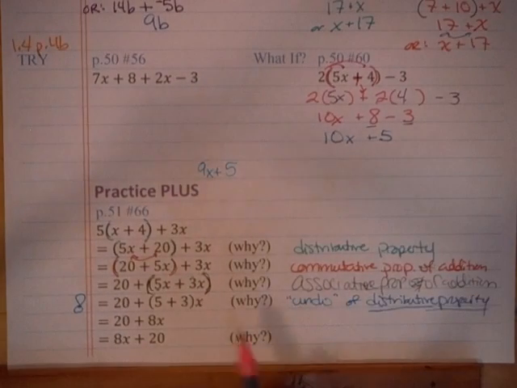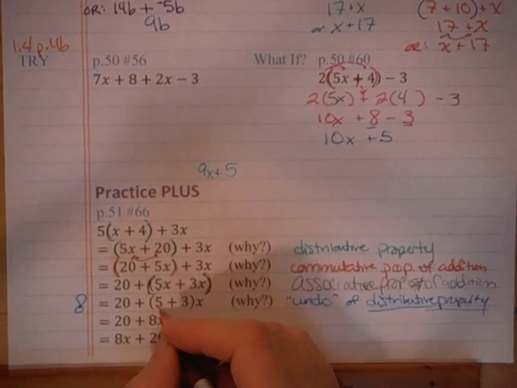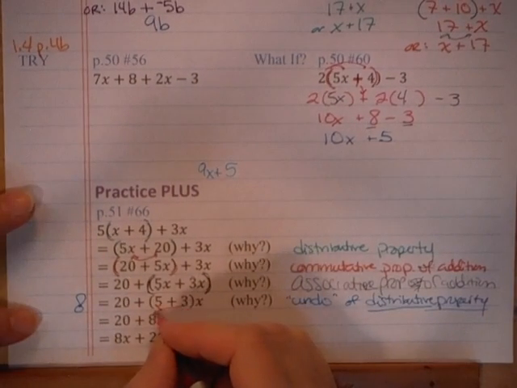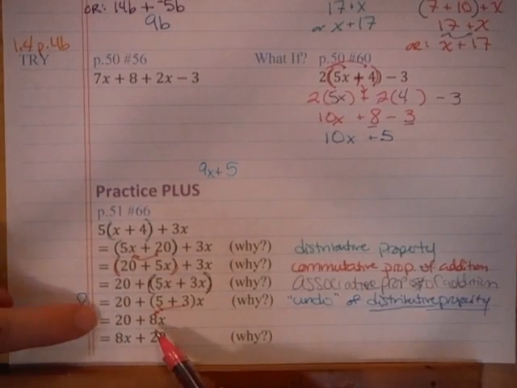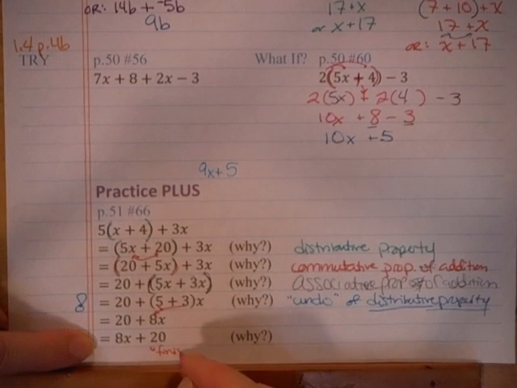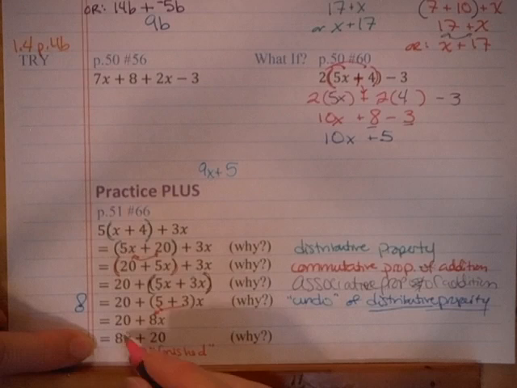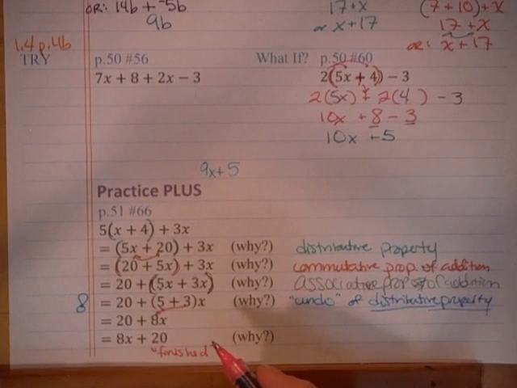Then what that allows you to do based on order of operations is we can go ahead and combine the 5 plus 3 and get 8 times x, or just 8x. And then finally they switched around for their final version, this nice finished polished look that has the variable term in front, the constant term in back.